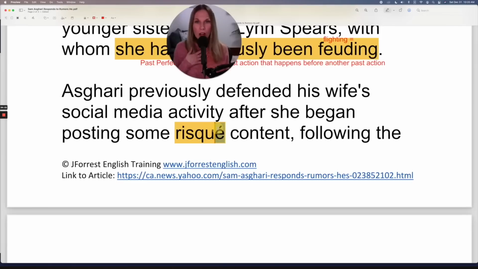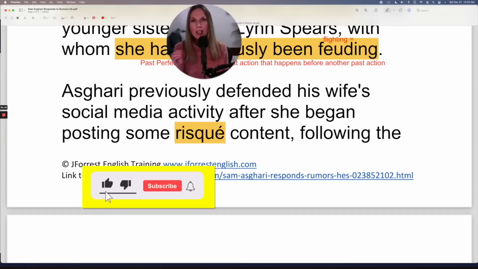Obviously, the English alphabet does not have this accent, so we pronounce it according to French pronunciation rules, which is when you have this accent to pronounce it as A. Risque, risque, risque. So that's how you pronounce it. Just remember that is not English pronunciation. We borrow the pronunciation from the French.